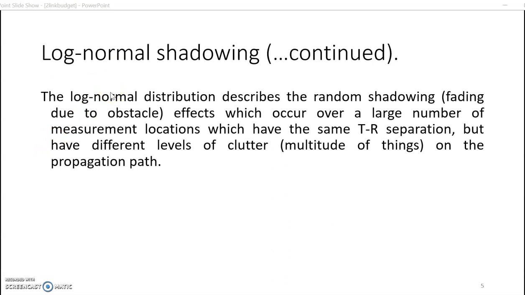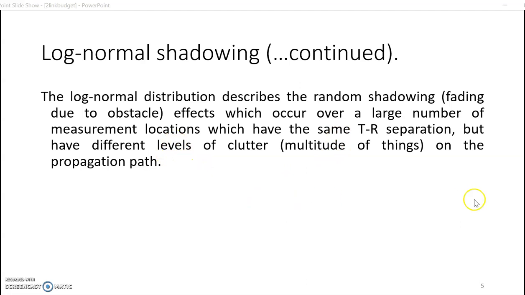Log normal shadowing. The log normal distribution describes the random shadowing effects. What is shadowing? It is the loss of signal due to the obstacles or disturbances present. This can occur over a large number of measurement locations.